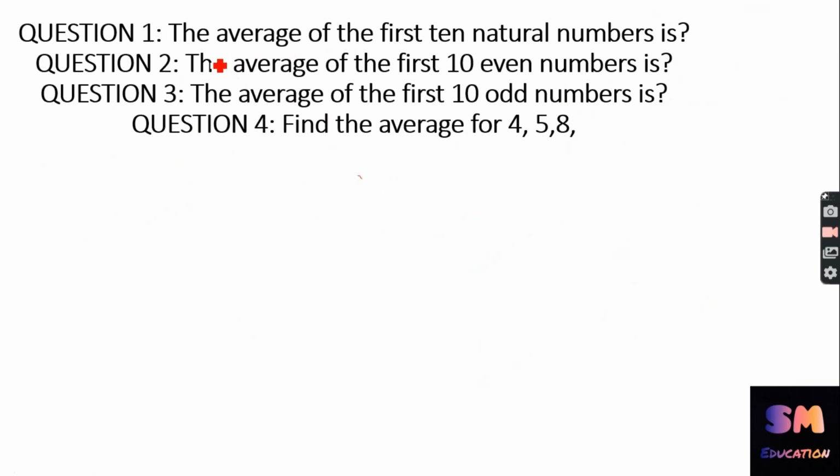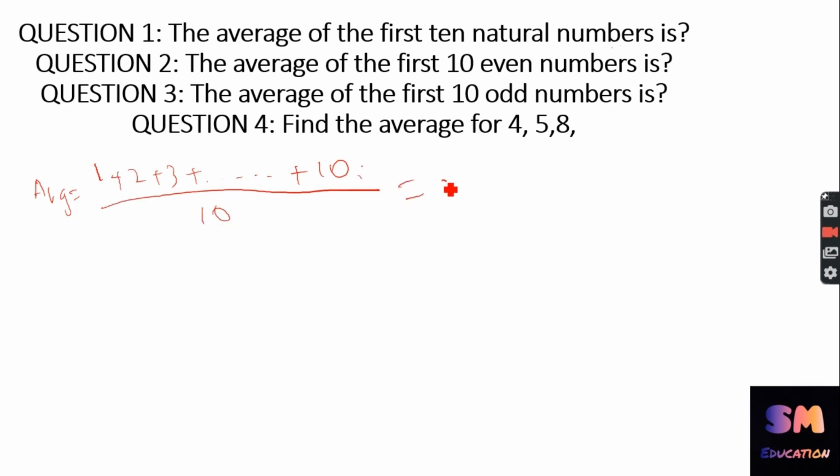Question number 1. The average of the first 10 natural numbers is. The first 10 natural numbers are 1 plus 2 plus 3 and so on up to 10. If we go by the traditional method, average is equal to sum by how many observations there are. There are 10 observations.